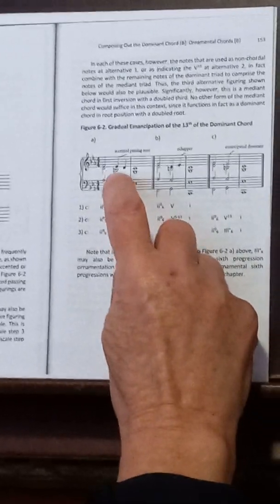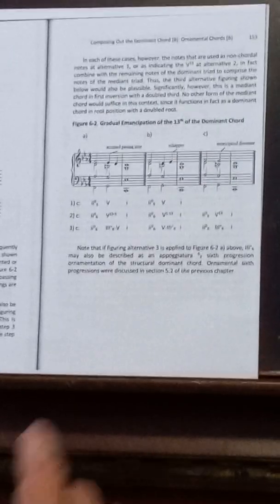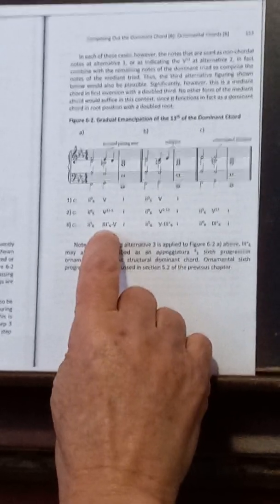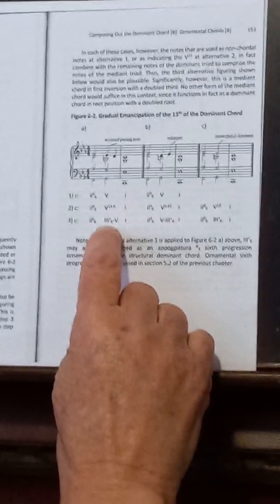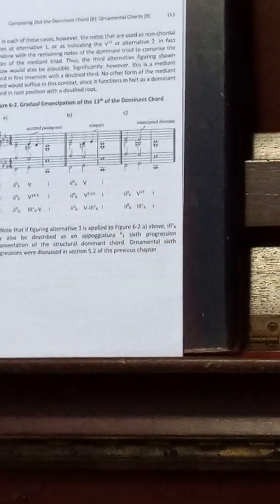So you've got GB and then E flat embellishing D. It means that while you've got G, G, B, E flat, you've actually got the mediant chord, E flat, G, B. E flat, G, B, E flat, G, B.